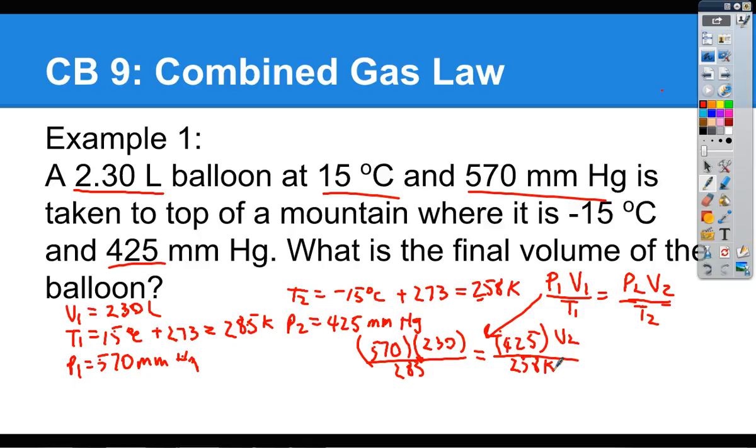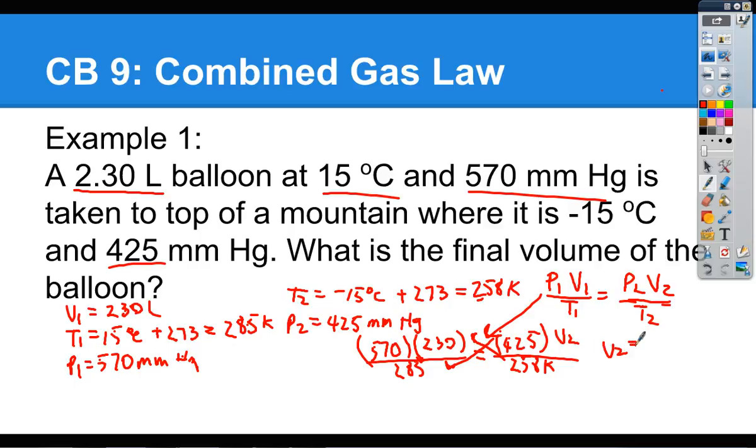258 K. All right, so now what we're going to do, we're going to employ a little bit of algebra, and as a shortcut you can just cross multiply. So the 285 is going to come to the top, the 425 is going to come to the bottom. Then we're going to solve for V2.